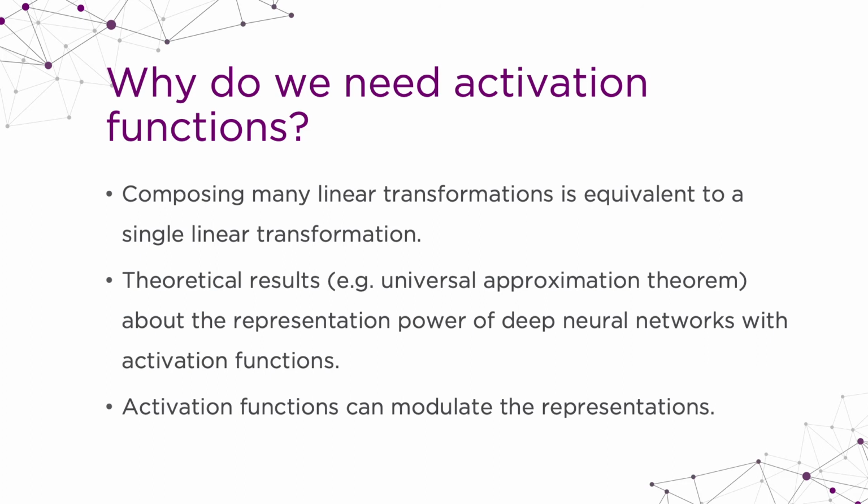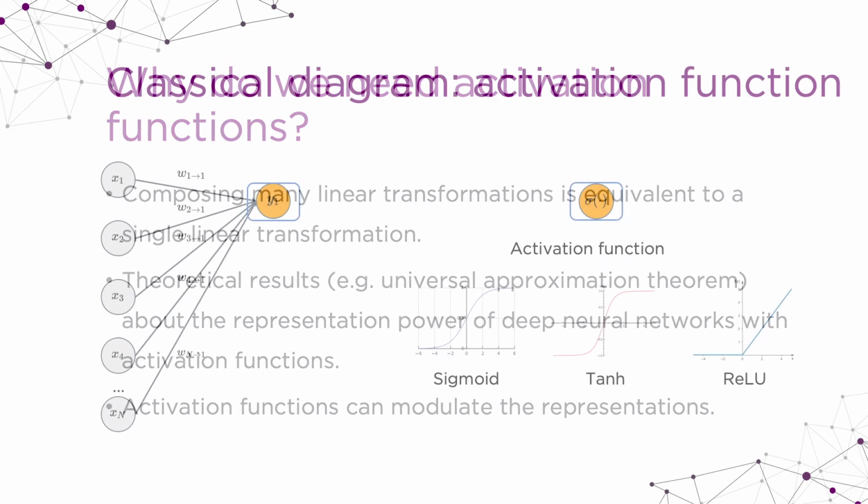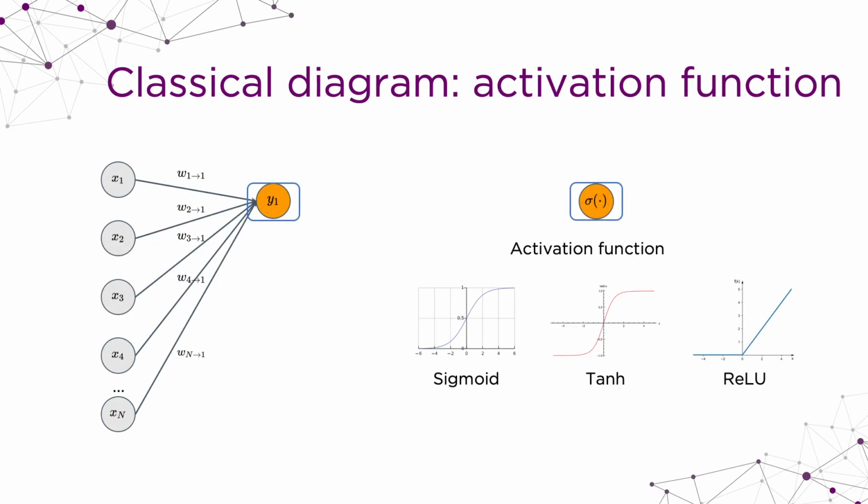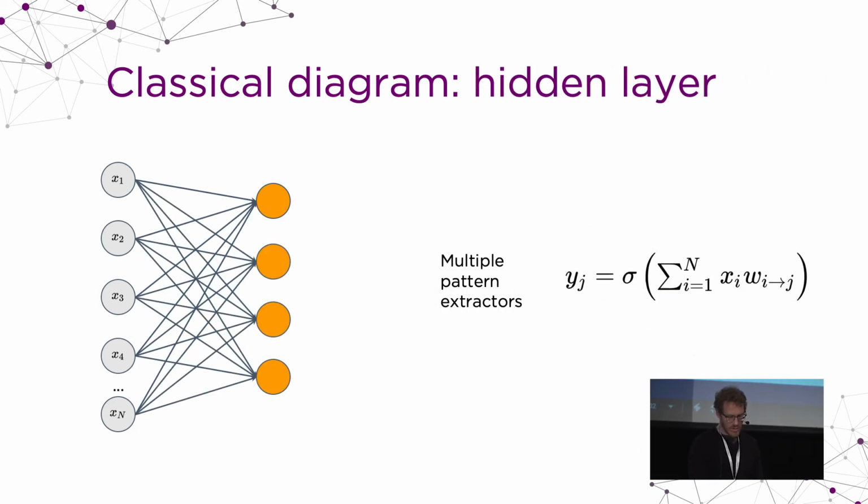So one question that we can ask ourselves is, do we really need activation functions? Instead of using these 3 functions here, why not just use a scalar product? In fact, if we just use a scalar product, this corresponds to a linear transformation.